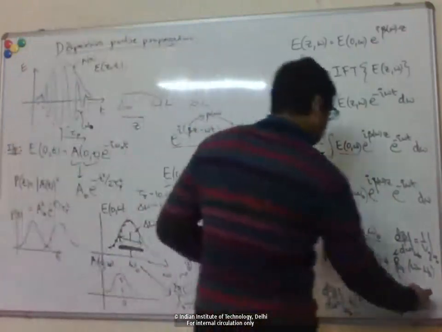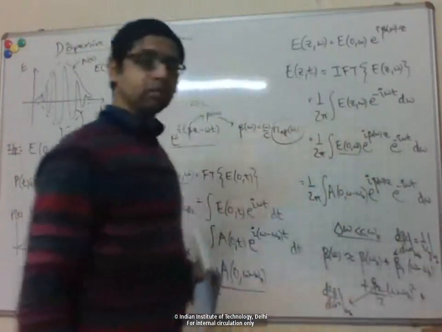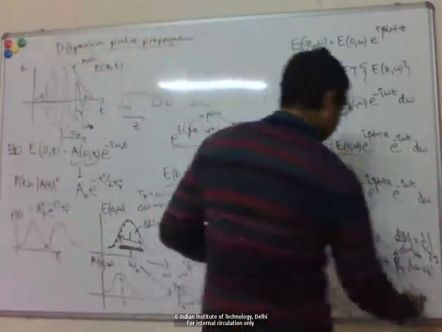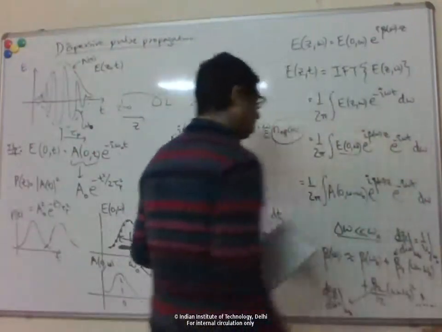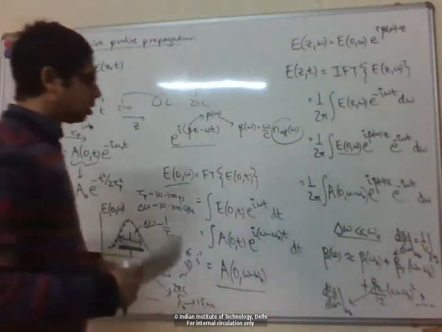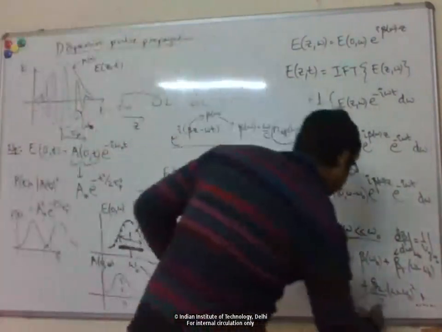Right? Plus, I could include as many terms as I want. I could have a beta 3, right, which would be third order dispersion, etc., etc. So maybe I will just write that.